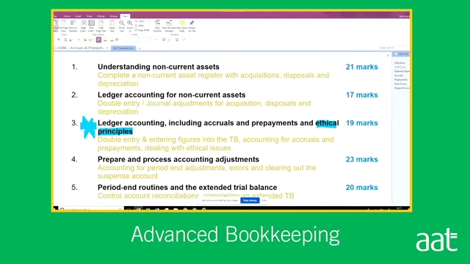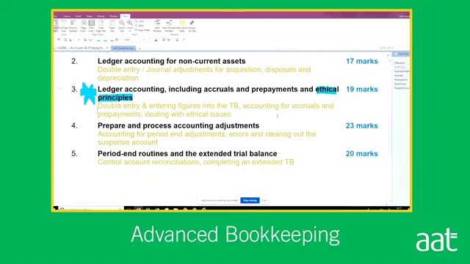And then finally, task 5, what we're looking at here are the period end routines and completing the TB. So basically, control account reconciliation. So it's the bank rec, maybe VAT, or you could be looking at your receivables and payables control account reconciliations.